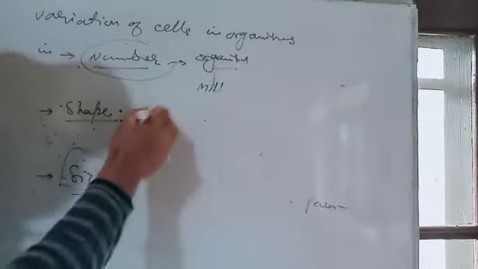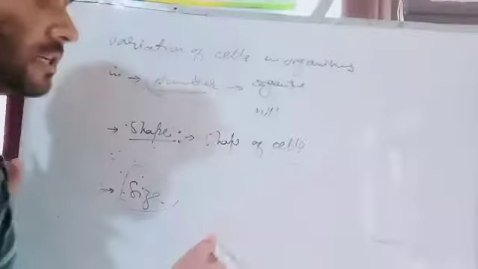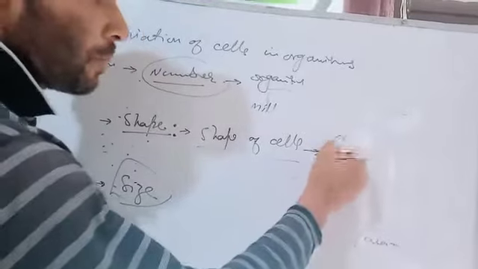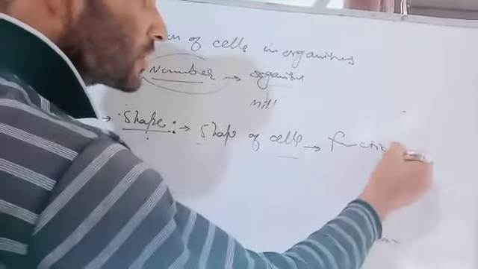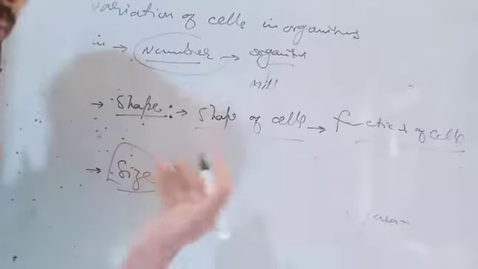Now another is the shape of cells. The shape of cells is directly related with the functions of cells. That means the function of the cell determines the shape of the cell.